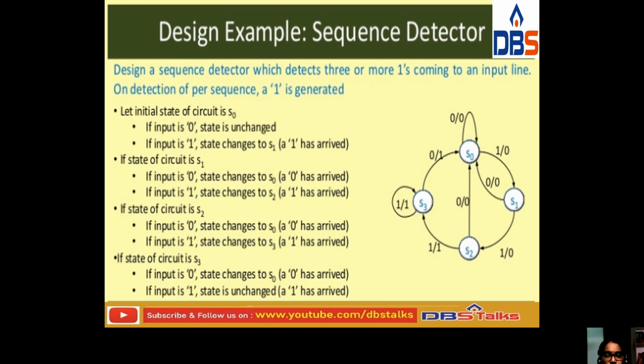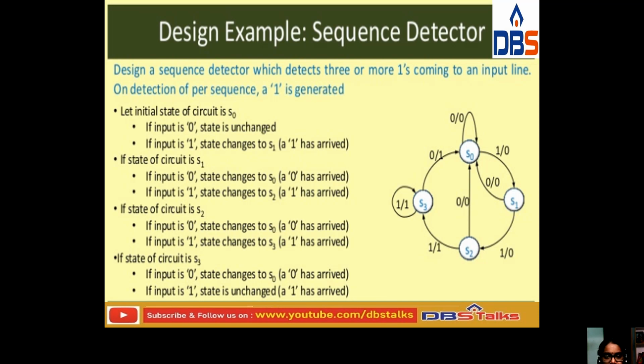Taking S0 as the initial state of the circuit, if the input is 0, the state is definitely unchanged. If the input is 1, the state changes to S1. That is, a 1 has arrived.